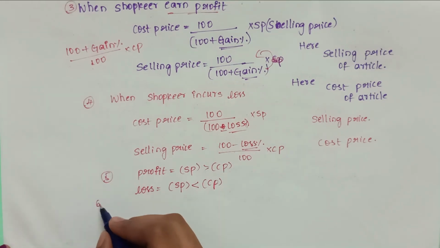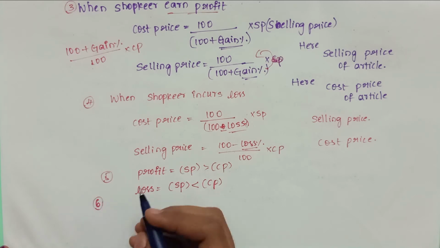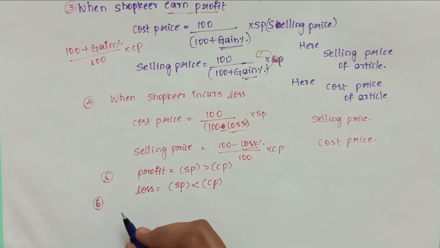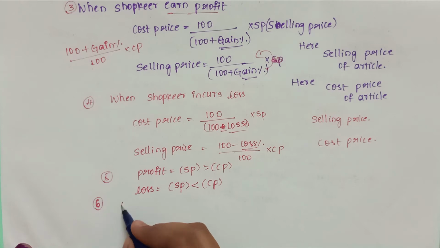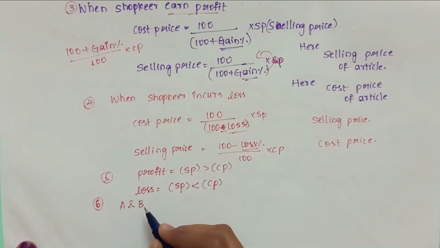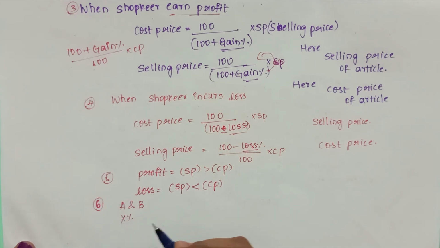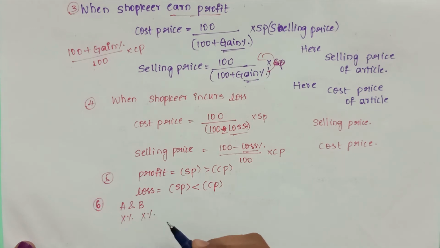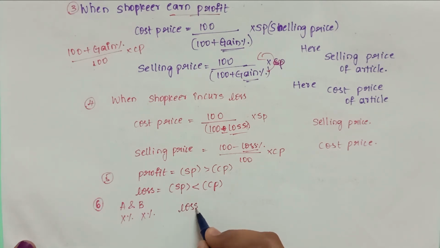Now sixth one, a shopkeeper sells two items A and B. If A is sold at a gain of X percent and B is sold with a loss of X percent, then the shopkeeper always incurs a loss. We should use this formula when it is given in this form.